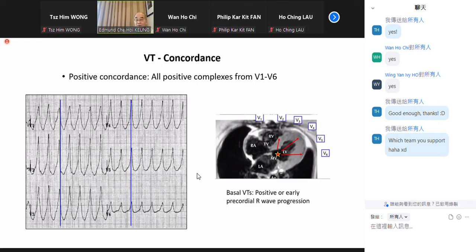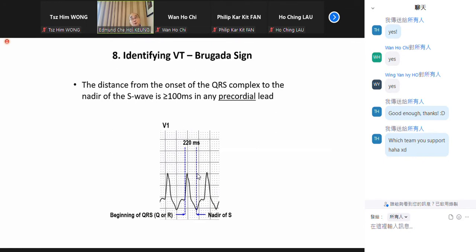Then the next one, we have what's called the Brugada sign. Brugada is a cardiologist from Spain, and all three brothers are cardiologists. Sibling competition. Okay. Now, in this publication, he said that if you look at, again, the precordial leads, and if you measure from the beginning of the QRS to the nadir of the S wave, okay, and it's equal or more than 100 milliseconds, it means that there's conduction delay, okay, and that's VT.